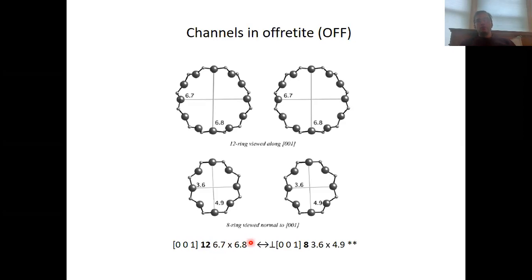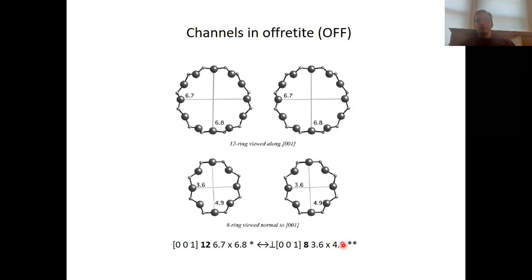Okay. So then we have another channel type, which stands now perpendicular to the 001 direction, indicated by this perpendicular sign here. These channels are smaller. They are made of 8 tetrahedral centers that have the dimensions of 3.6 times 4.9 angstroms.